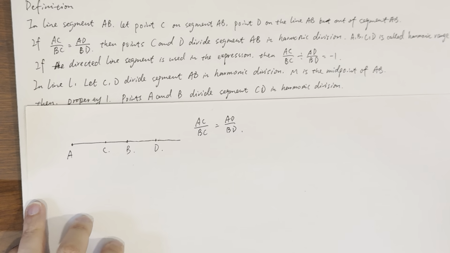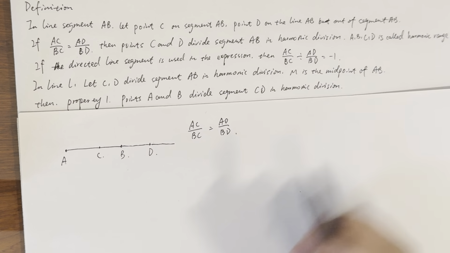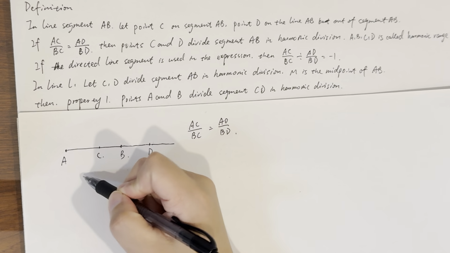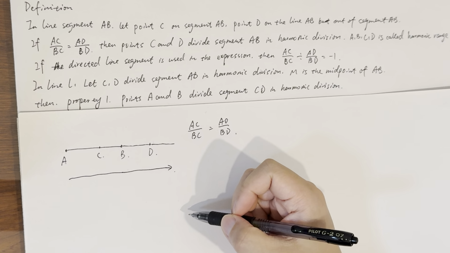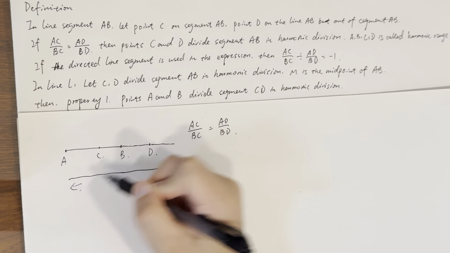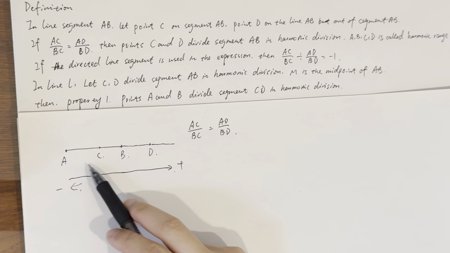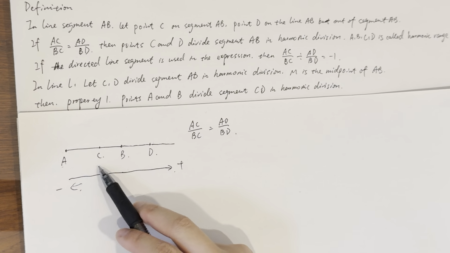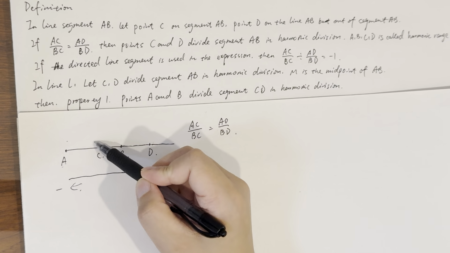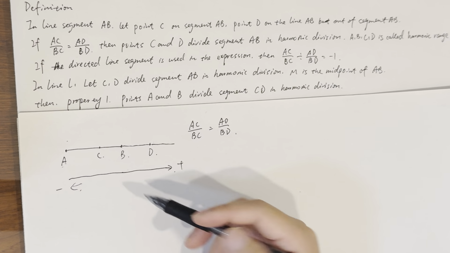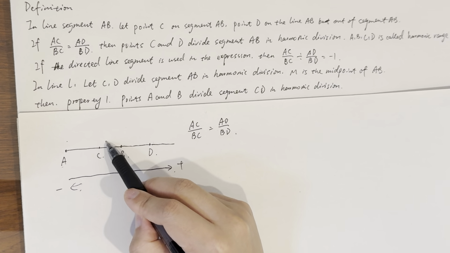If we use the directed line segment concept, then we can assume this is the positive direction and this would be the negative direction, right? Then AC is a positive segment or vector, and BC would be negative.